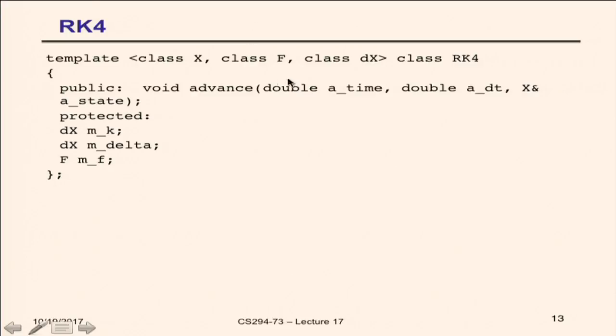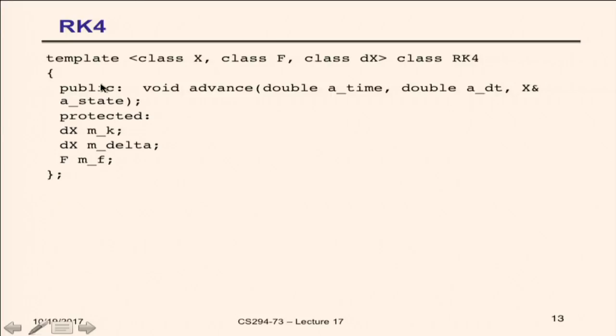One is a class F that just computes the right-hand side, that is, when you express things as ODEs, the right-hand side of the ODE. And then one is a kind of helper class, something that you can store increments of state in.